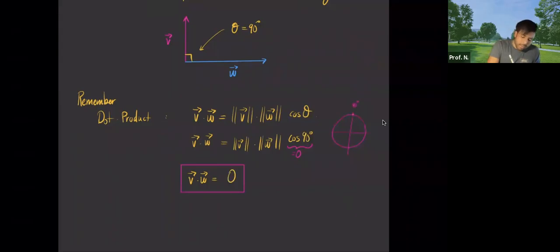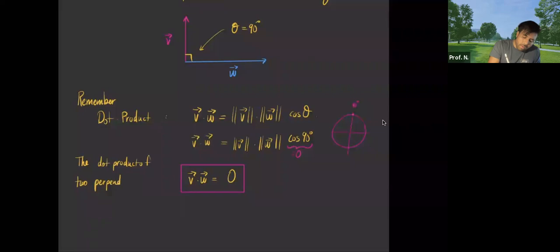So the dot product of two orthogonal vectors equals 0.